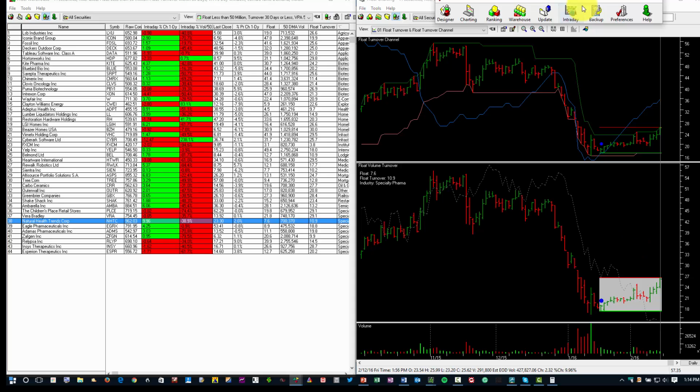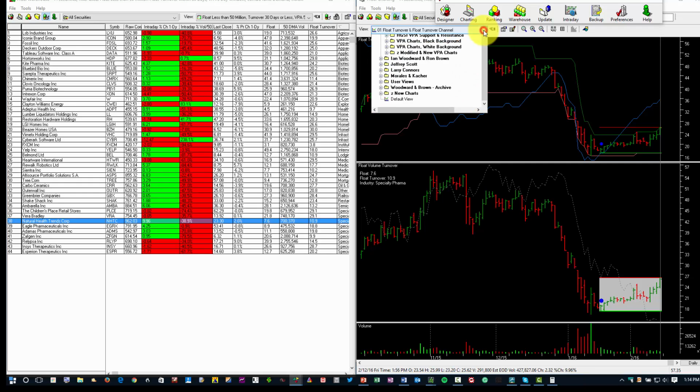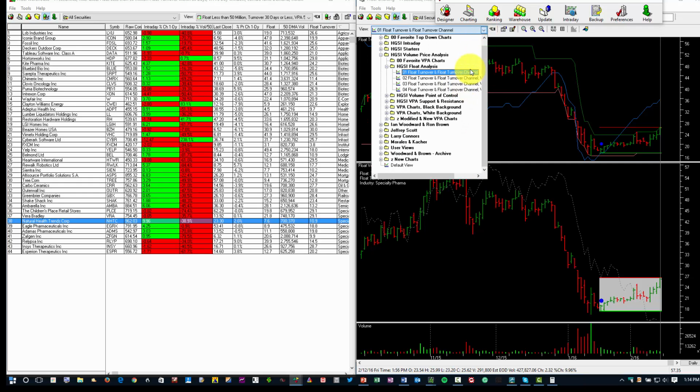I do want to point out that this float volume turnover, or float turnover, is not meant to work in isolation. It is one of the components of volume price analysis. We have VPA, and we also have volume point of control.